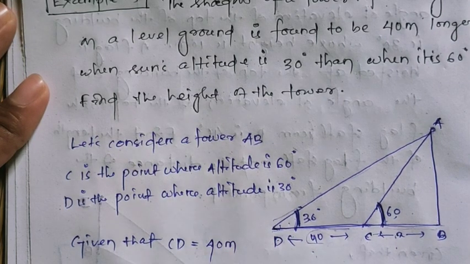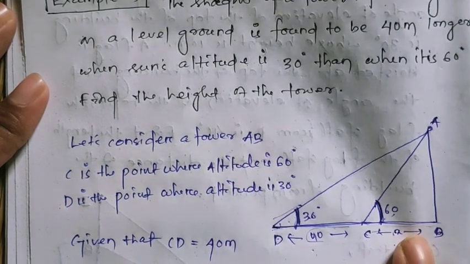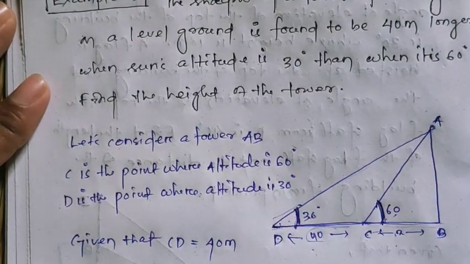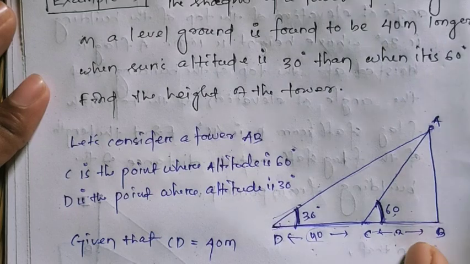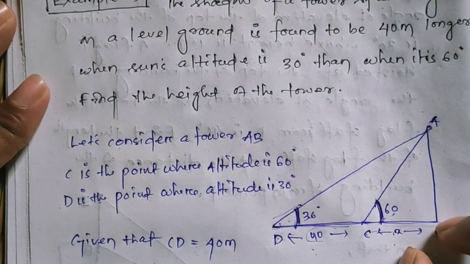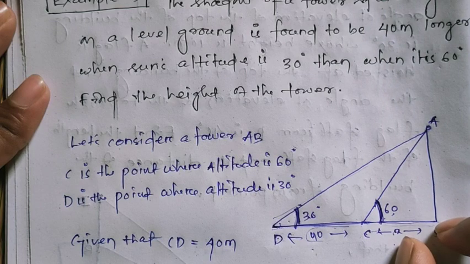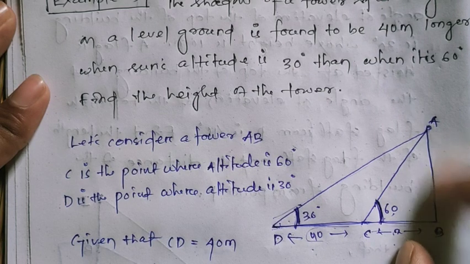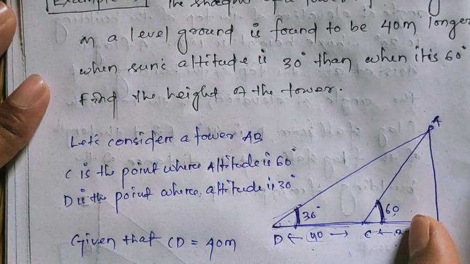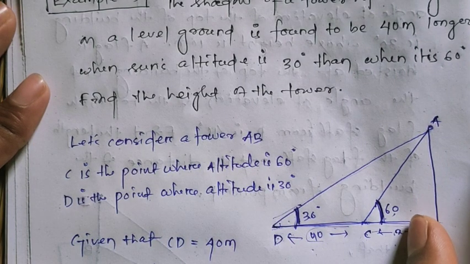You can go through this. I'm just revising. From there you can easily calculate the value of x. After finding x, we already know AB is equal to x root 3. So by finding the value of x, we can also calculate AB, that is the height of the tower. This is your answer. Understand?